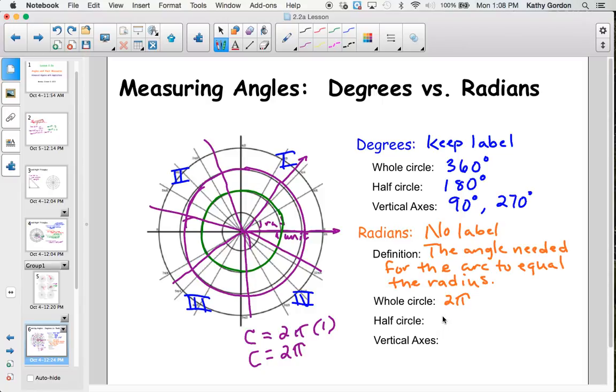How many radians would that be? Approximately. I want something more exact. Halfway around the circle is pi, right? If all the way is 2 pi, halfway is going to be 1 pi.